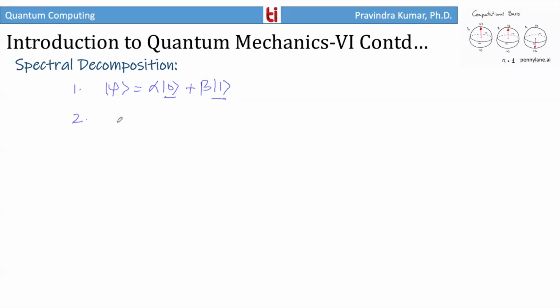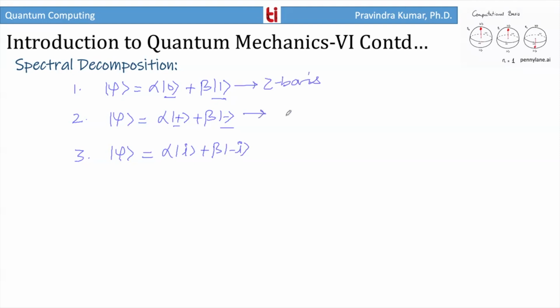And with the X basis or |+>, |->, the quantum state psi is represented as alpha |+> plus beta |->. And this is the superposition of the X basis |+> and |->. And with the Y basis or |+i> and |-i>, the quantum state psi is represented as alpha |+i> plus beta |-i>. So this is for the Z basis, this is for the X basis, and this is for the Y basis.